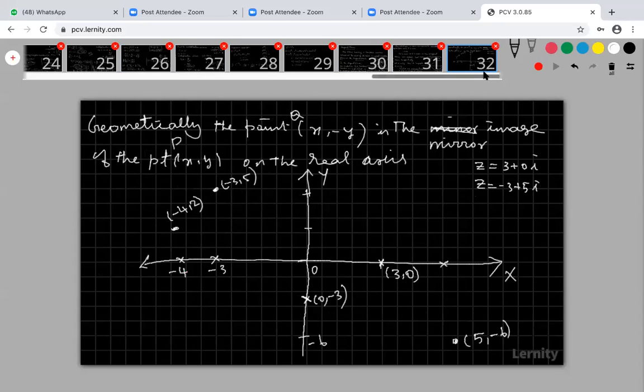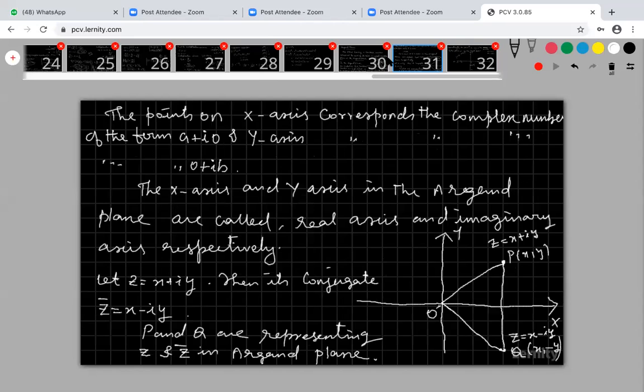Please try to complete all the homework problems. Yes, geometrically it is an image. Those who did not get homework yesterday, you may get it today.